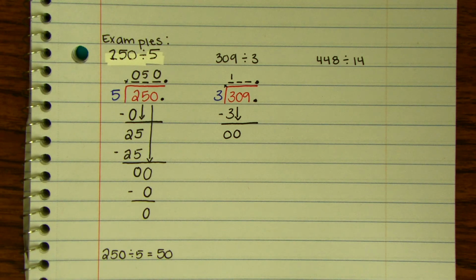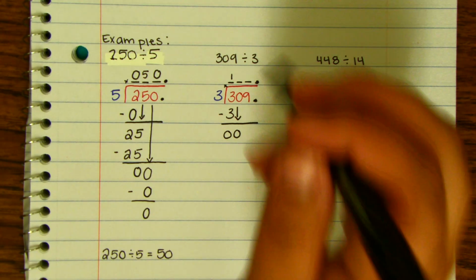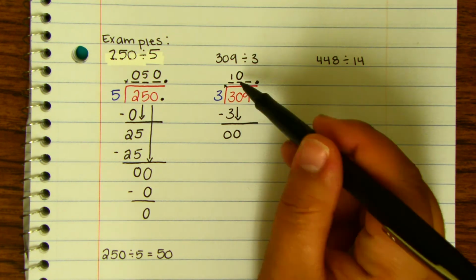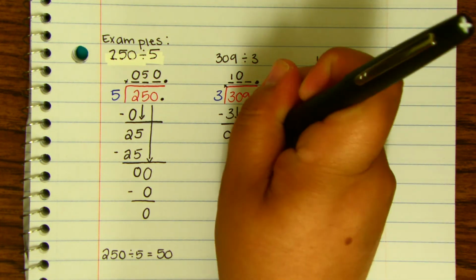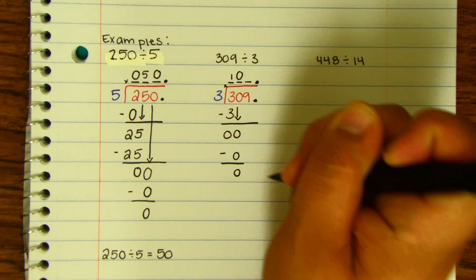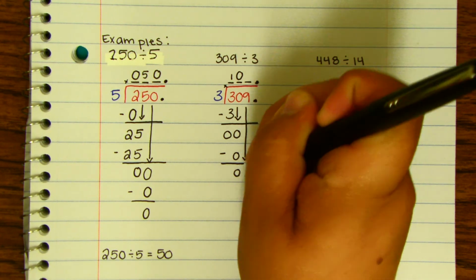Now I have to see how many times 3 goes into 0. Well, a number times 0 gives me 0. So the next number is going to be 0. 0 times 3 is 0. I subtract it. I still get 0. And I bring down my last number, which is 9.